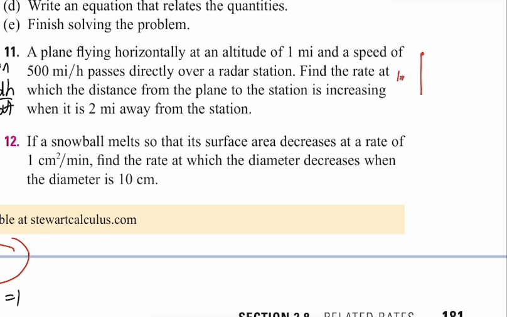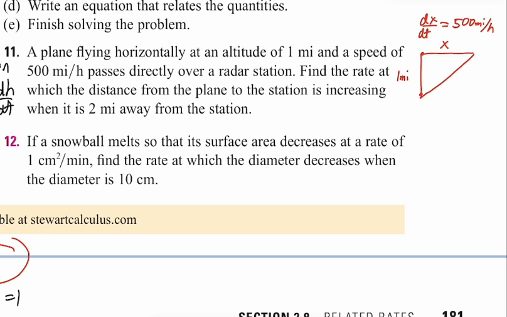We know it's flying 1 mile high, and it's going at a speed of 500 miles per hour as it passes over a radar station. So let's say our little radar station is there. It's passing over the radar station. Let's say it's going in this direction, x, and that dx/dt would be 500 miles per hour. It's going away from it, so it's positive. That is an increasing thing.